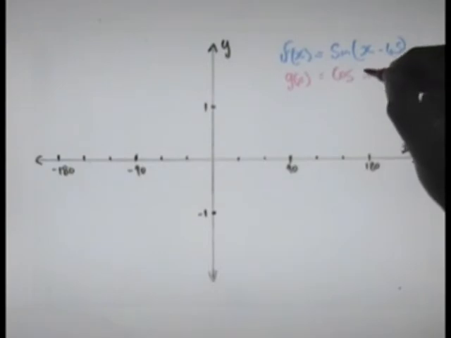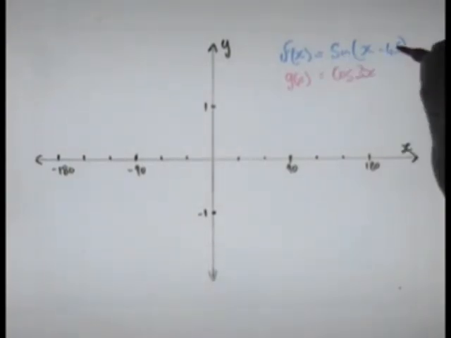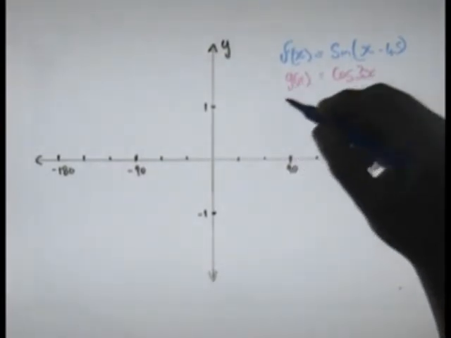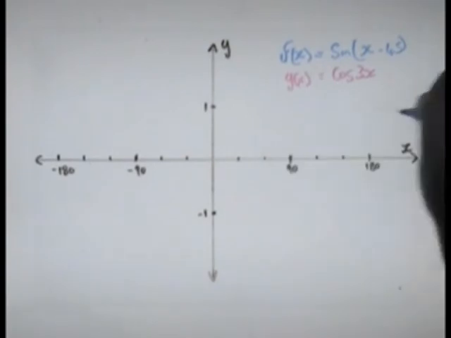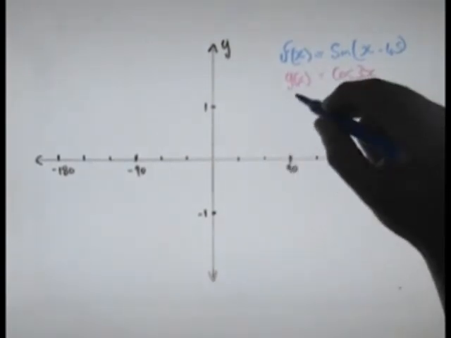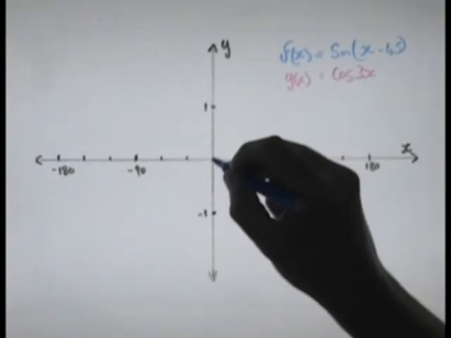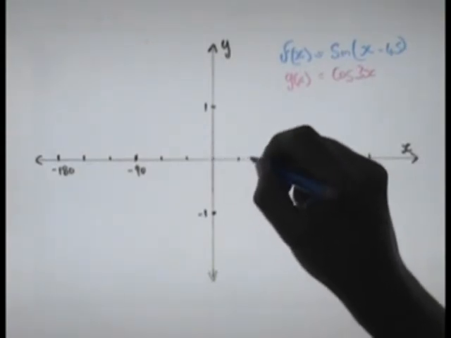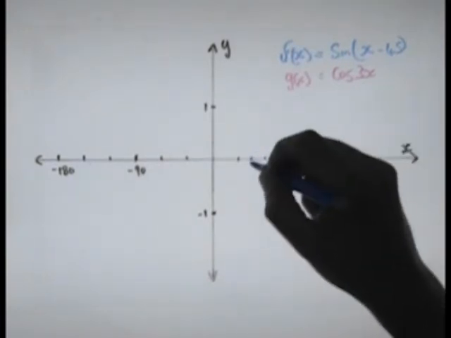I'm going to start by looking at the sine of x minus 45 degrees, which means that my graph sine of x has moved 45 degrees to my right hand side. So instead of it being 0 at x is equal to 0, it's going to be 0 at x is equal to 45 degrees.